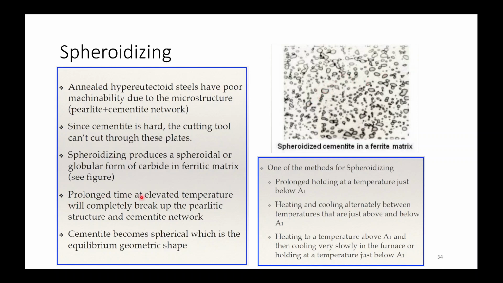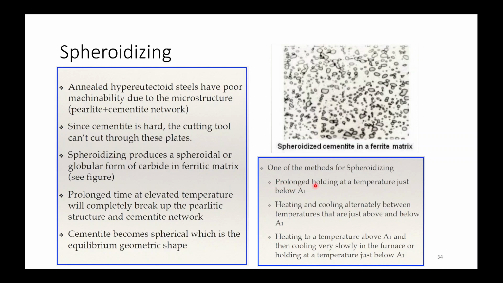Now prolonged time at elevated temperature will completely break up the pearlitic structure and cementite network. Now cementite becomes spherical, which is the equilibrium geometric shape. These are three methods that are used for spheroidizing annealing.